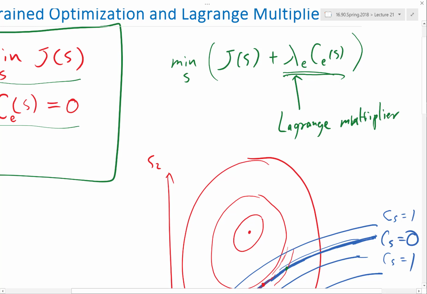And lambda E has to be whatever it is to make the magnitudes also the same, right? Only if that's the case, the whole thing would have a gradient equal to 0 at the optimal point, right?